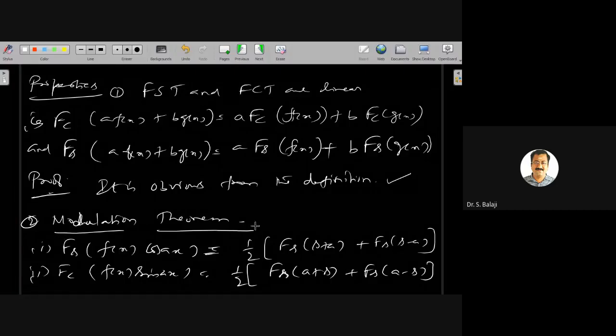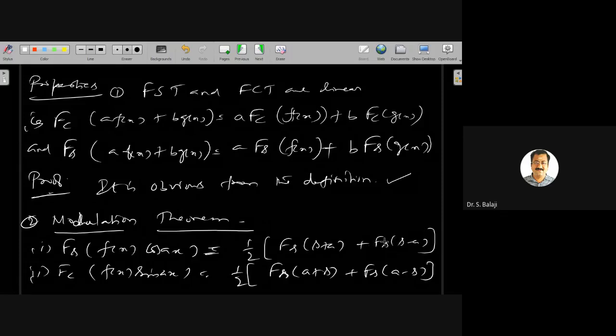Second, the modulation theorem. First, for the Fourier sine transform: Fs of f of x cos ax, where f of x is multiplied by a cosine function, is equal to 1 by 2 of Fs of s plus a plus Fs of s minus a.